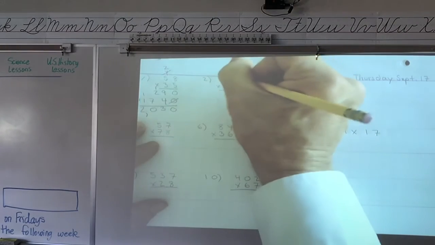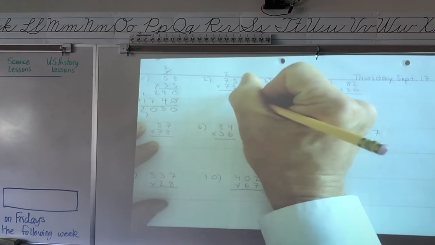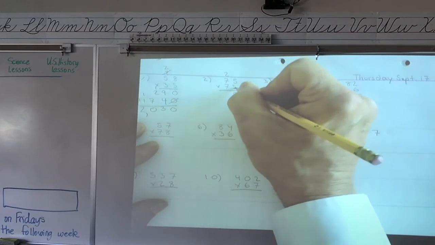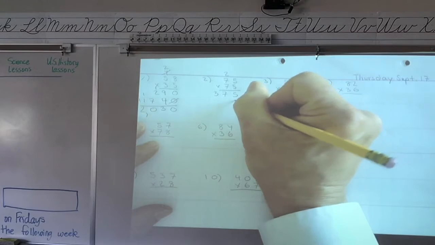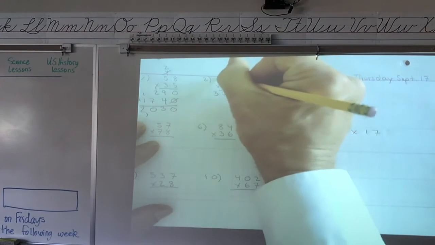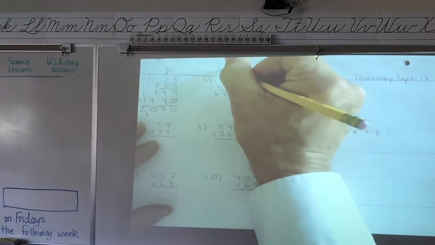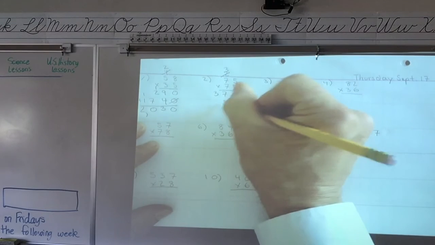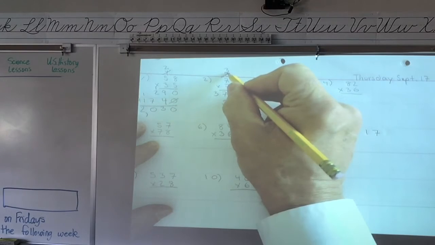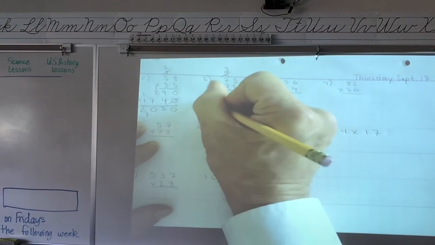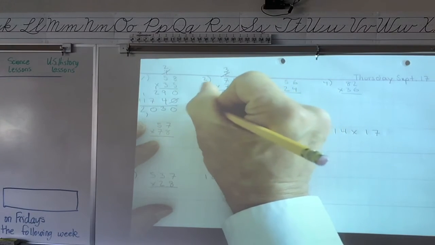Next one, 5 times 5 is 25. 7 times 5 is 35, 36, 37. Shift here, cross that out. 5 times 7 is 35. 7 times 7 is 49, 50, 51, 52. Add those up.